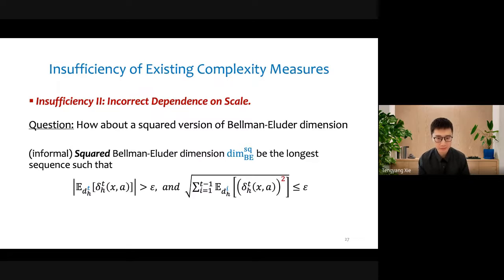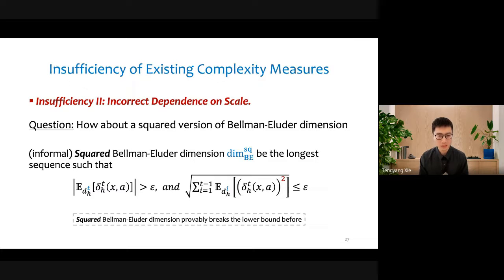That is, if we change the in-sample error from the average Bellman error to the squared Bellman error in this part, is that good enough? We would still argue the answer is no, that is not good enough, although the squared Bellman-Eluder dimension can break that lower bound from before.